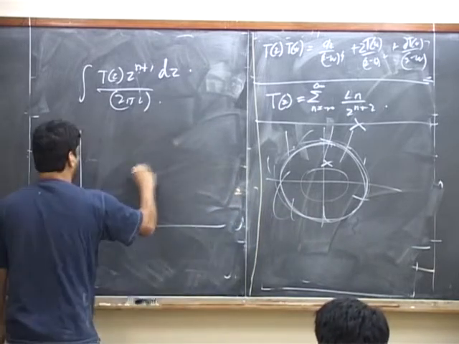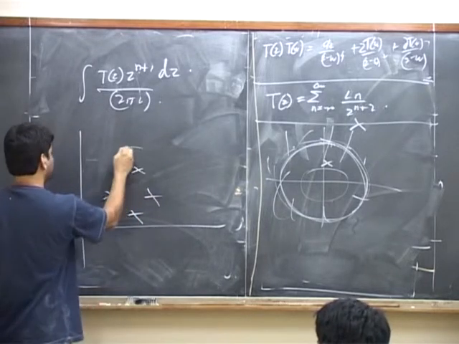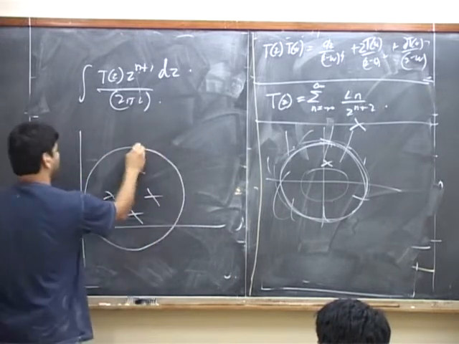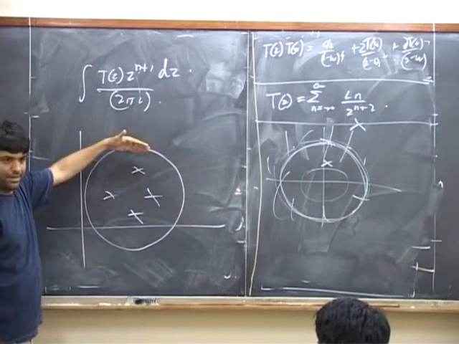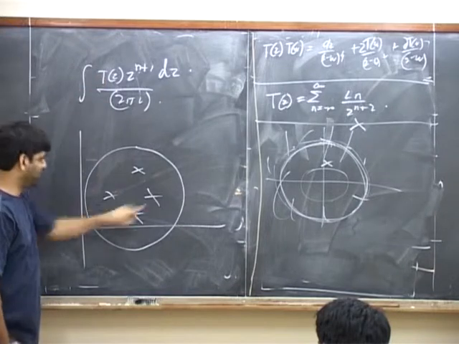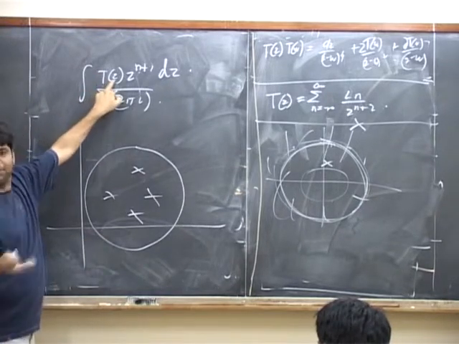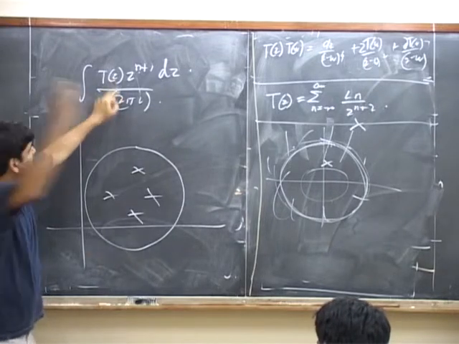So suppose I've got some operator inside, and I want to put L at some time. So I do this. What it means is the correlation function of T with all these other operators, thought of as a function of the insertion point z, and then integrated in this way.